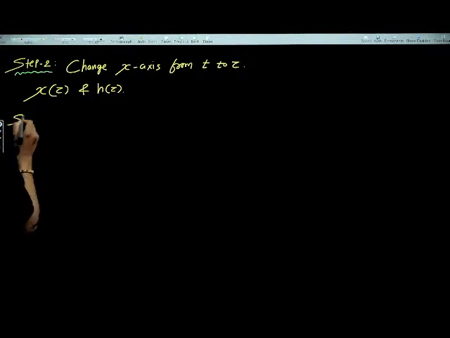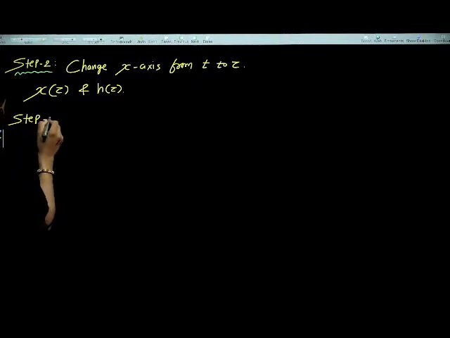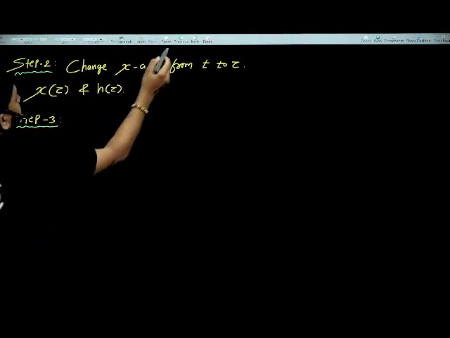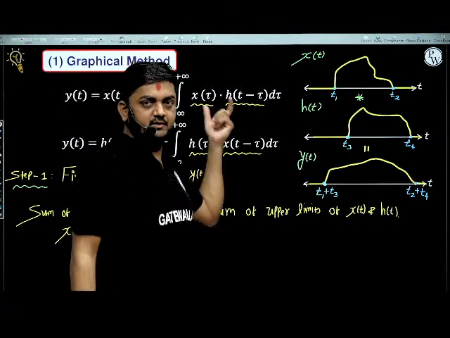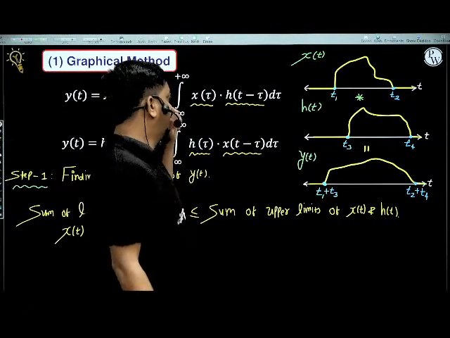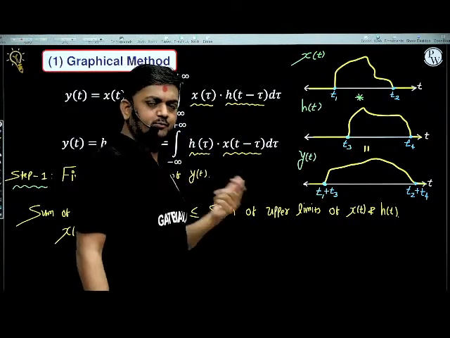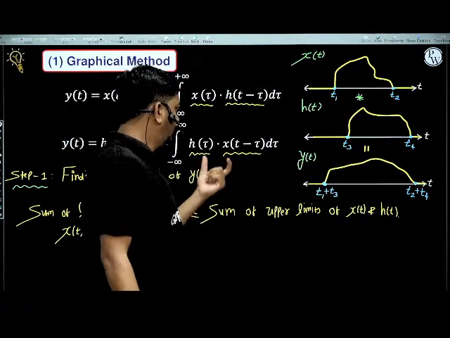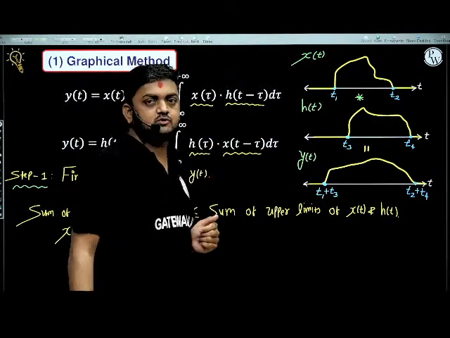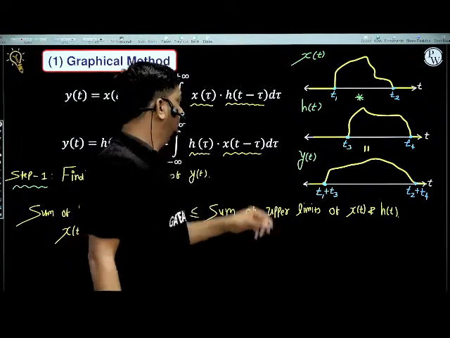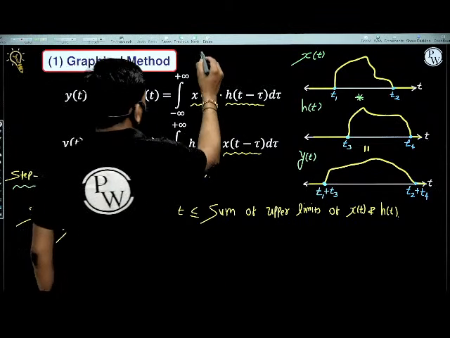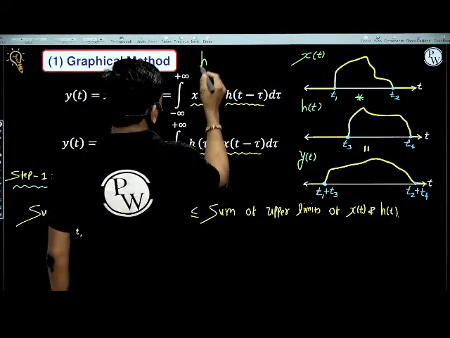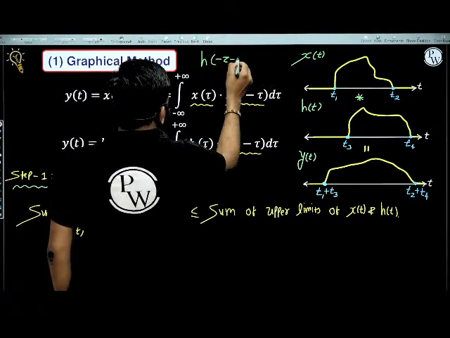Now next, step number 3. If we use the first formula, then we require h of t minus tau, and if you want to use the second formula, then we require x of t minus tau. Here h of t minus tau means the variable is now tau, not t. So minus tau plus t.